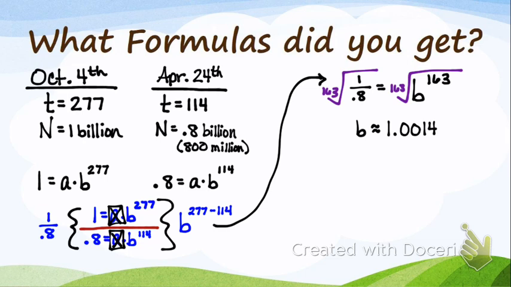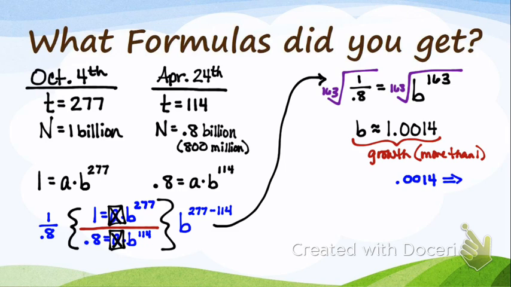So is this growth or decay? Growth. How do we know? Because it's more than 1. How much more than 1 is it? Not a lot. 0.0014.